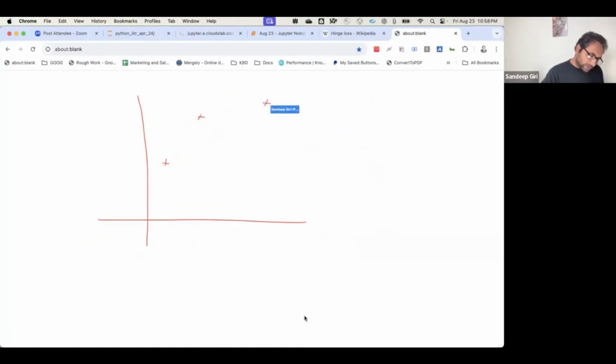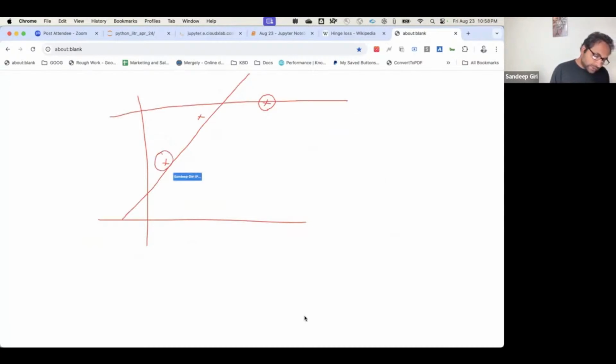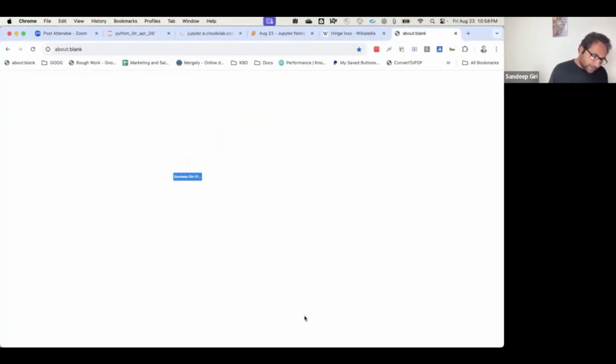Right now, let's say somebody draws a line like this. For them, this is an outlier. And somebody can also draw a good line like this, and this is an outlier.